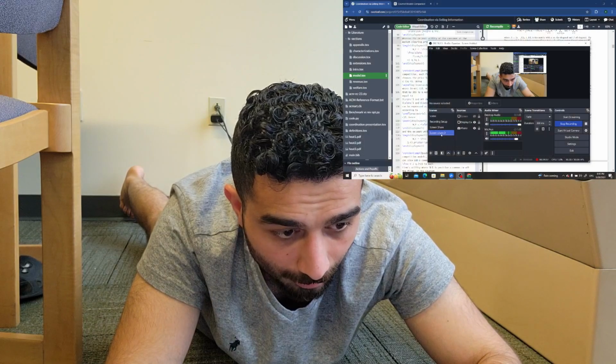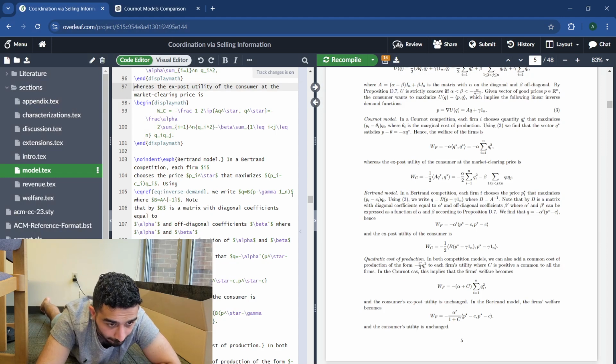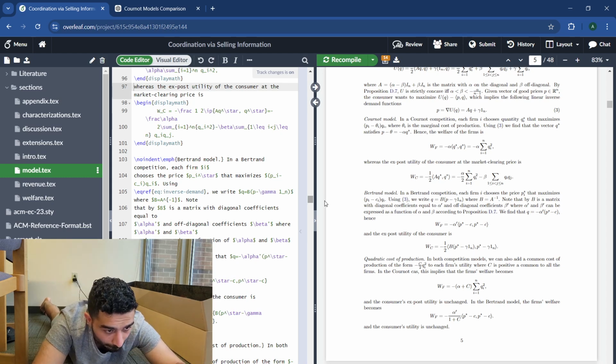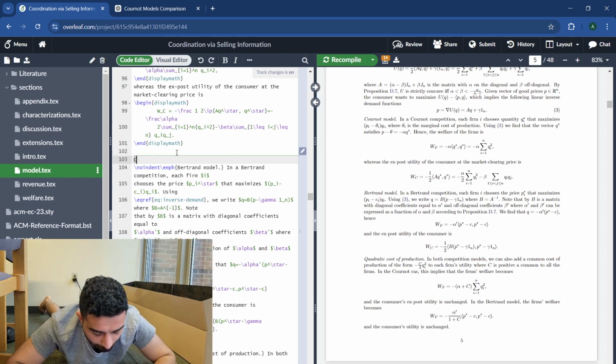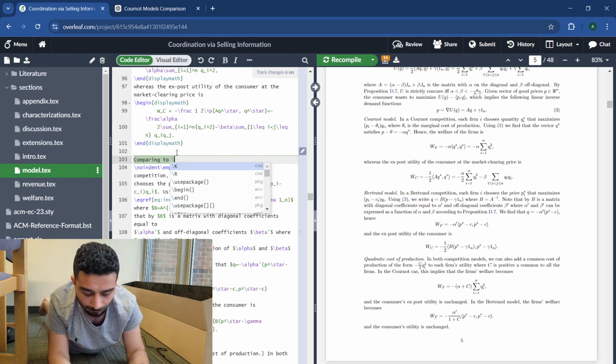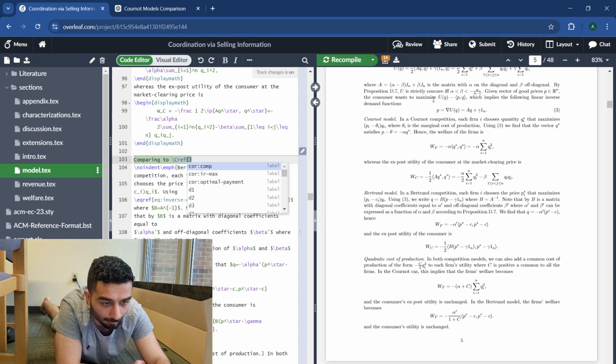Comparing to share. However, we don't have an example here.